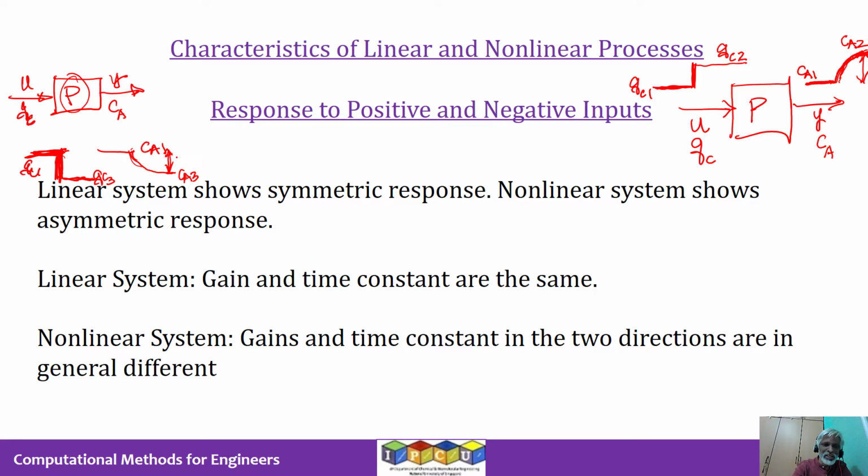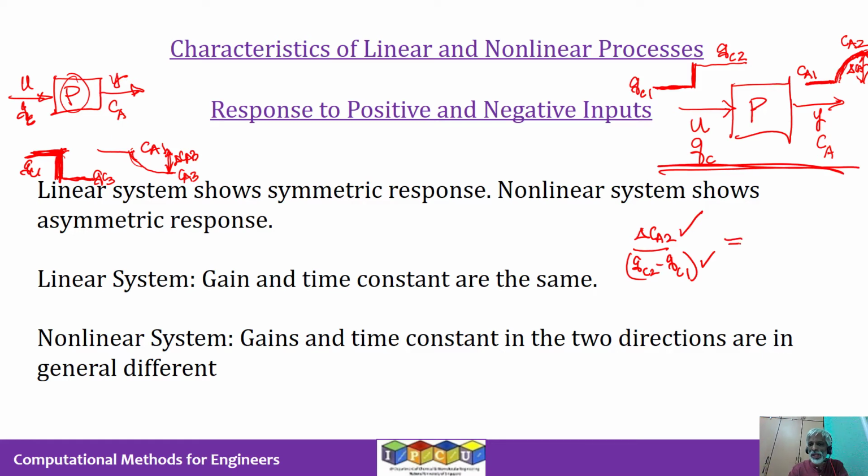This change, right? Let's call this delta CA3, and let's call this delta CA2, the change that happens in the output. So in a linear system, what happens is delta CA2 divided by QC2 minus QC1. So this is the net change in the output divided by the net change in the input for this particular case.